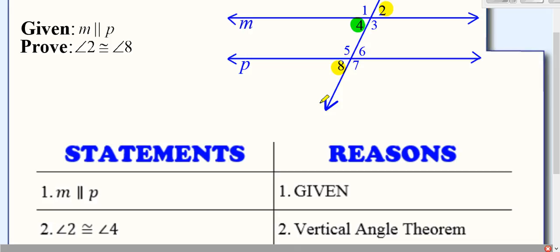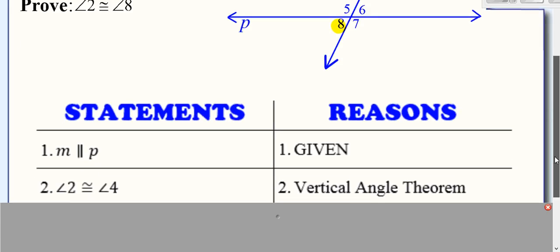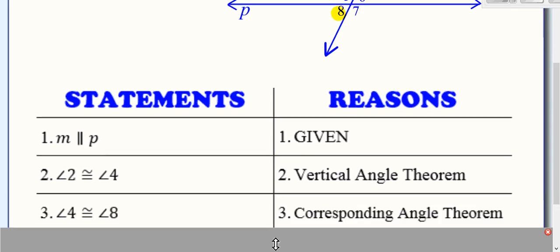And then we also want to tie angle 8 to angle 4. And we know that angle 8 and angle 4 are also congruent because they are corresponding angles.